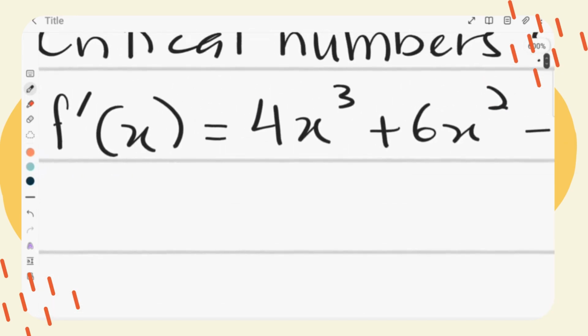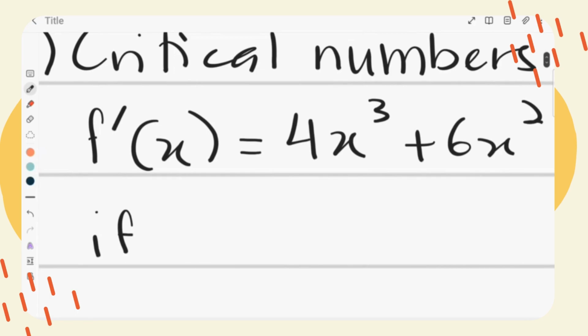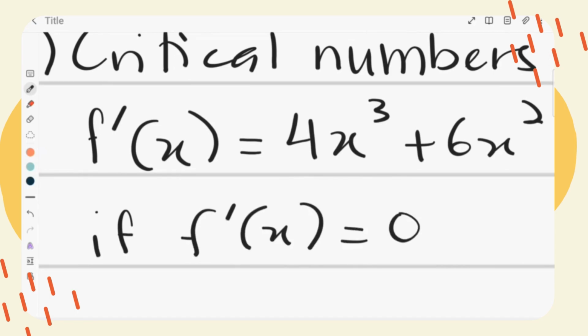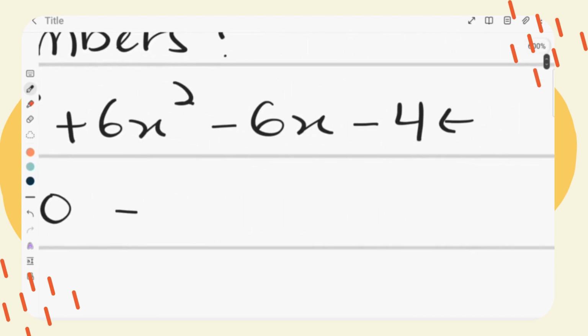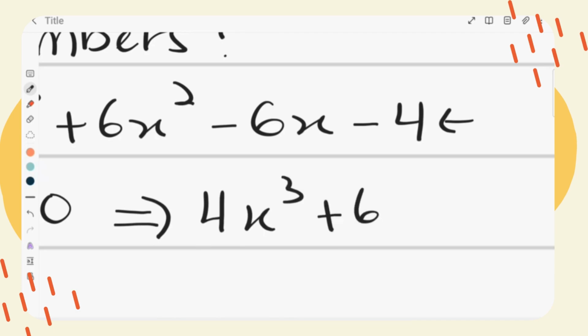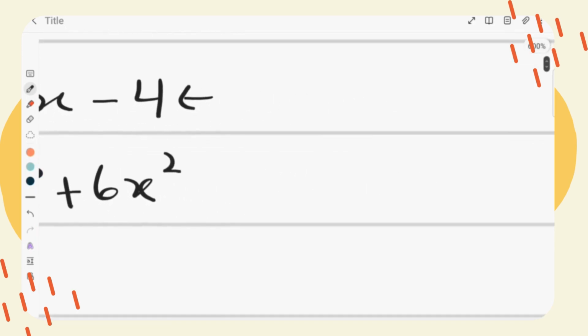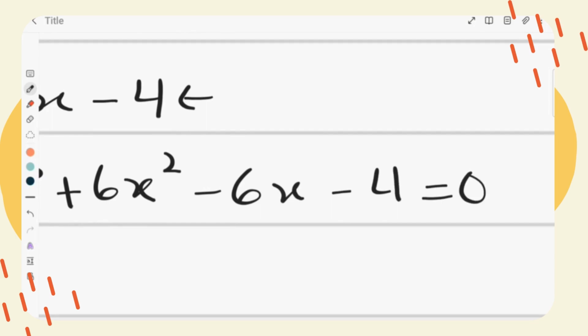Okay. So if f prime x equals 0, then 4x cubed plus 6x squared minus 6x minus 4 equals 0.